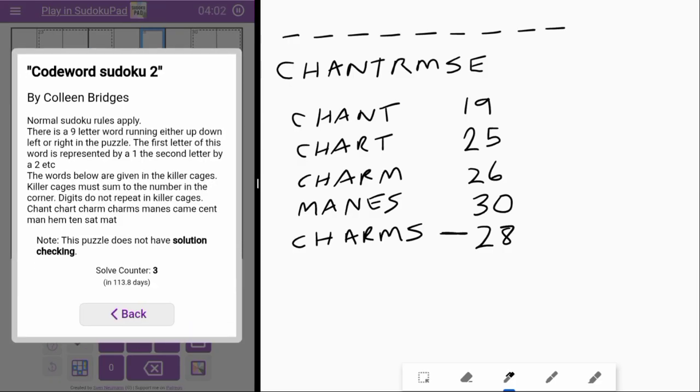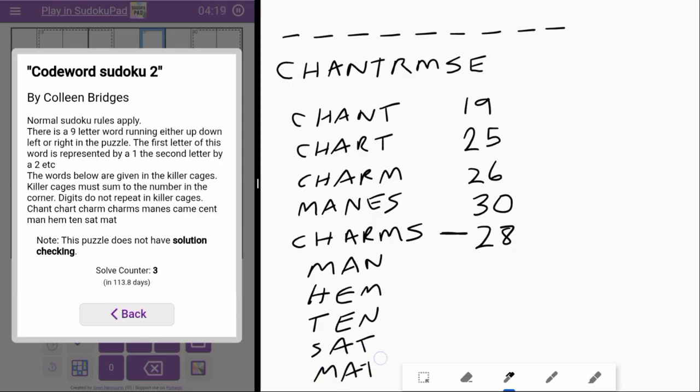I'll go back and look at the little words. We've got mat. No, sorry, not mat. Oh, there is a mat, but I'll do man first. Man, him, ten, sat, mat. Now, what can we get from that?